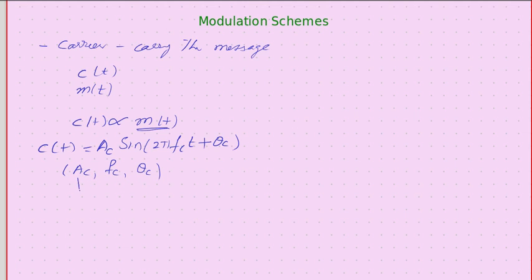So we can vary the amplitude of our carrier signal, and such a process is called amplitude modulation.